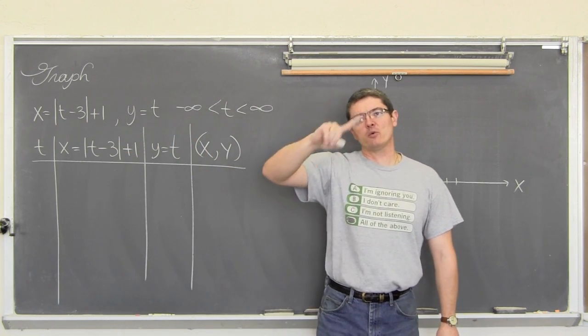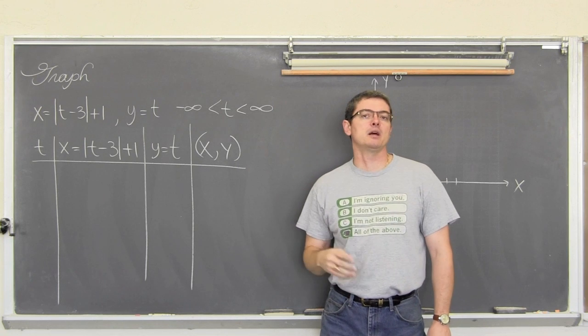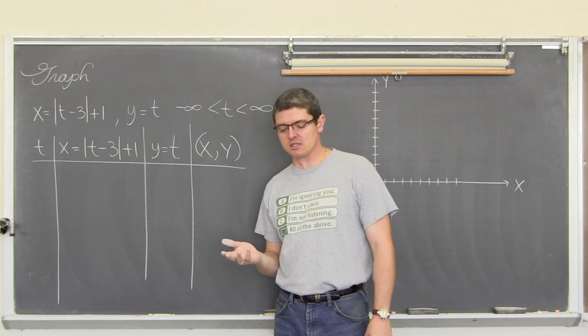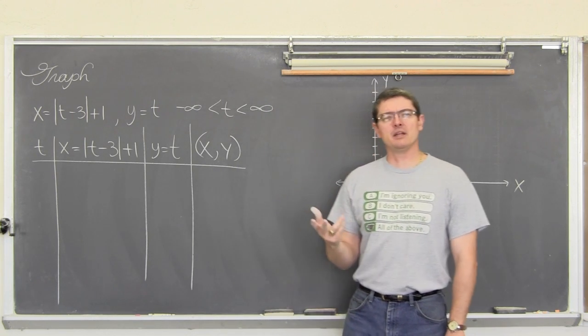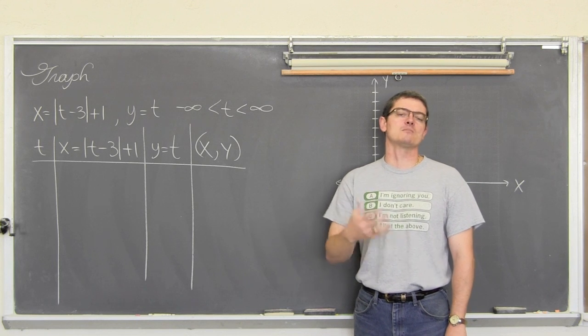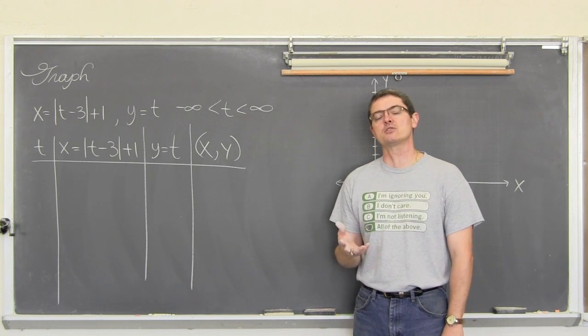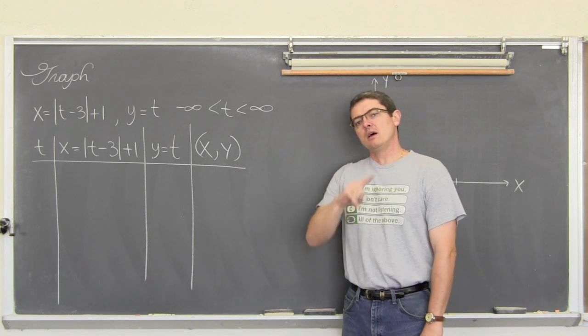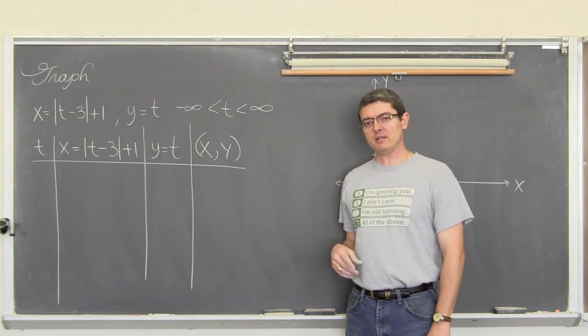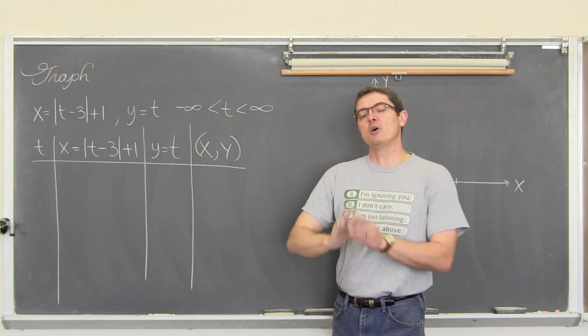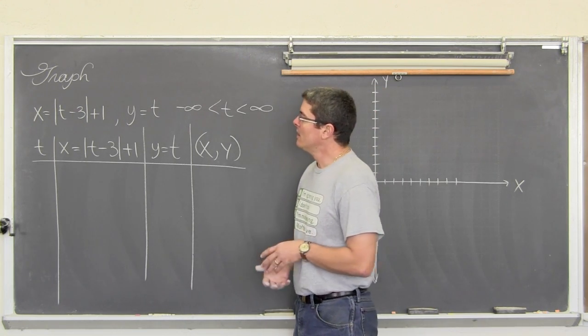We're used to them being a V shape, either opening up or down, because generally our equations in Algebra 2, and even leading into pre-calculus, are y in terms of x. And if the absolute value function is wrapped around the x, you're going to have a V shape opening either up or down.